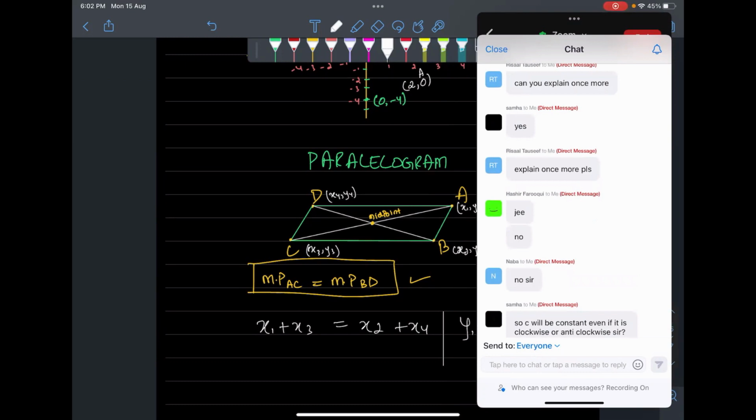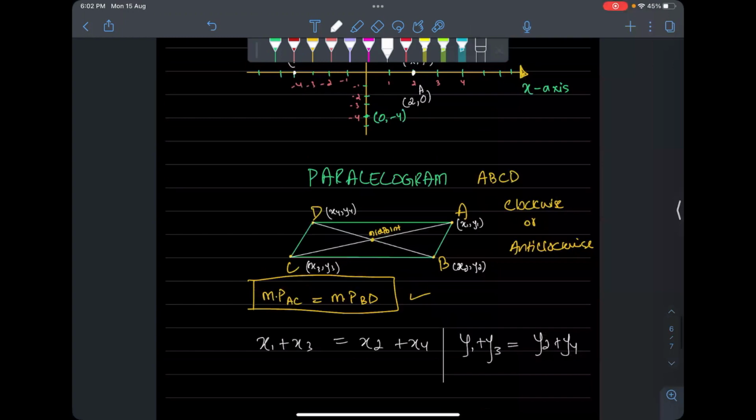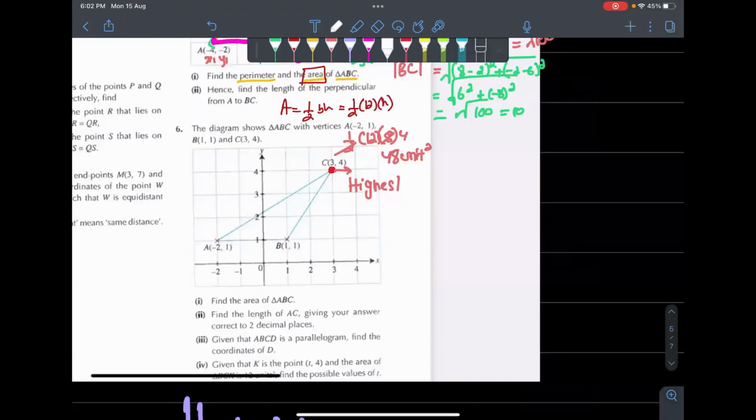If you will notice over here in question 6, read this part. Given that ABCD is a parallelogram, find the coordinates of D. Now we do not know where D is, right?